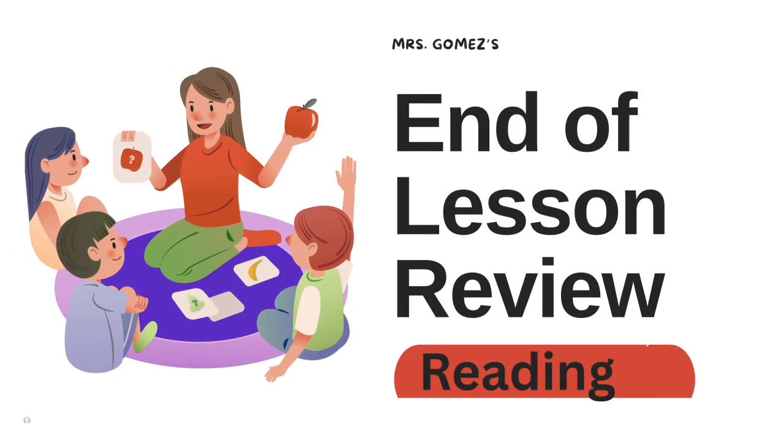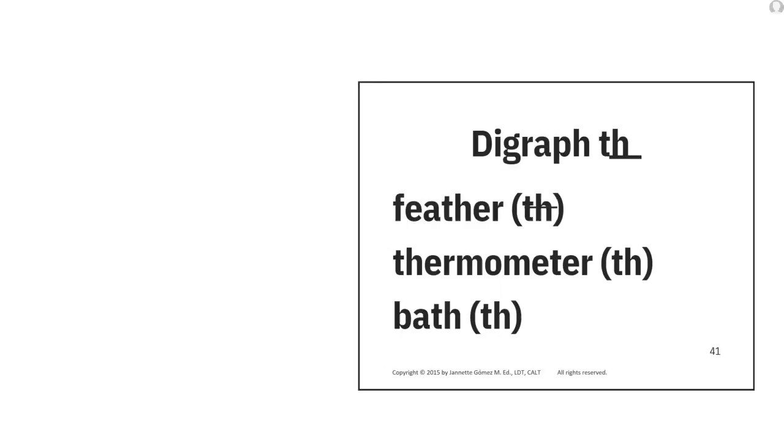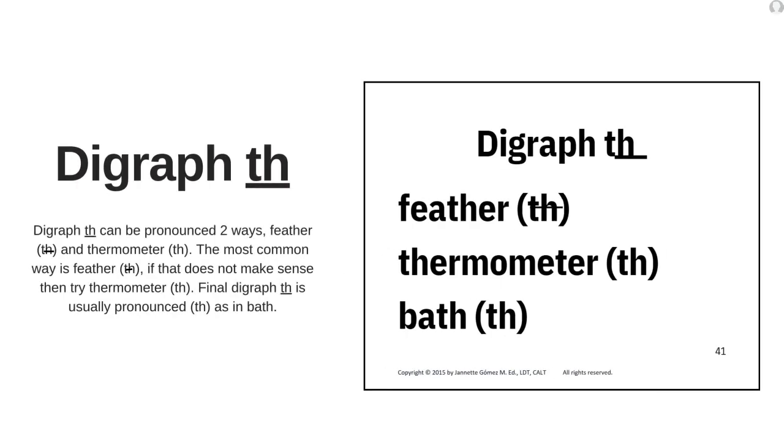Mrs. Gomez's end of lesson review. Reading. Sound. Accent. When a syllable is accented, the voice is louder, longer, and stronger. In English, the first syllable is usually accented. Digraph TH. Digraph TH can be pronounced two ways, feather z and thermometer th.